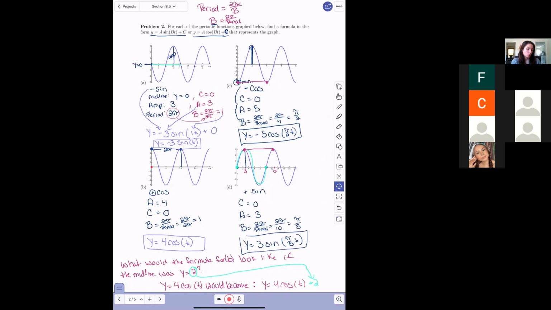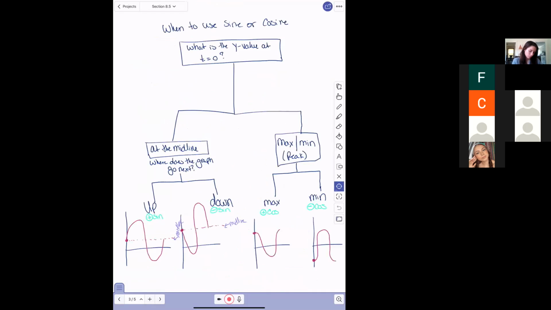So if I shifted this up 2, this maximum would shift up 2 as well. Oh, okay. Thank you. Yep, good question. All right. Any other questions? Okay. Moving on then to problem 3.